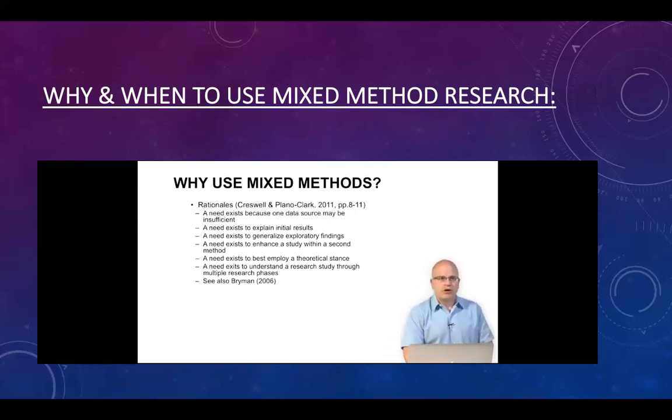But there may be also a need to actually ask people who participated, why didn't this work for you? What were the reasons why? And that certainly could identify additional reasons as to why the intervention may or may not have worked, but then maybe even get at issues related to mechanisms or processes of benefit or lack thereof too. So again, that could be one potential example for needing to explain initial results.